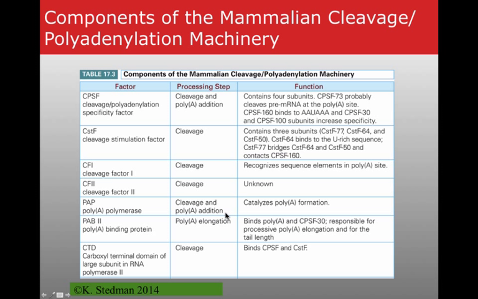PolyA polymerase, this is what adds those polyAs. So this is now a non-template dependent RNA polymerase. It just takes ATP and adds a whole bunch of A's onto the ends of your messenger RNAs.